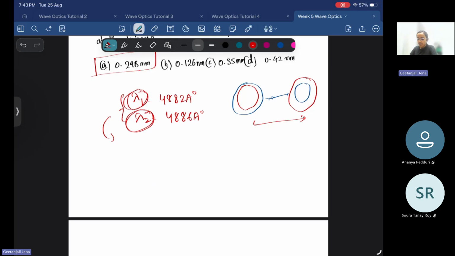So if it is the case, then destructive interference will happen and we won't see any interference pattern on the screen. That means we need to take the maxima condition for one and the minima condition for the second wavelength. So for this, let's say we are taking the center fringe.